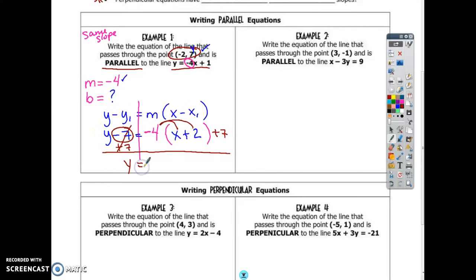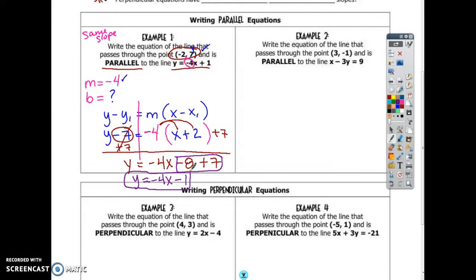Y equals. What's -4 times x? -4x. What's -4 times 2? -8. And then +7? What's -8 plus 7? -1. So I have y equals -4x minus 1.